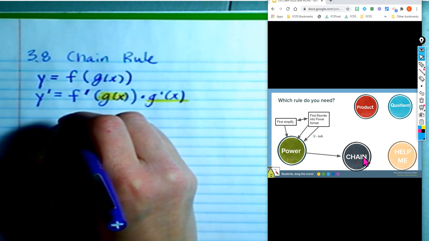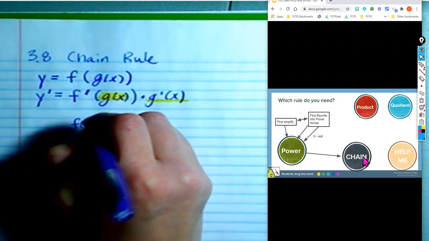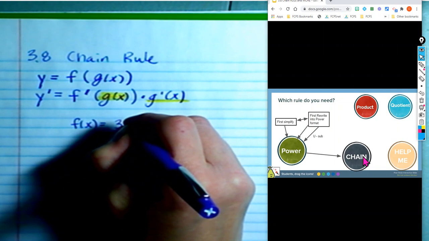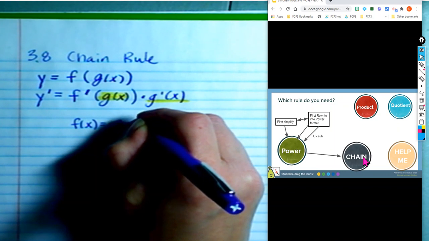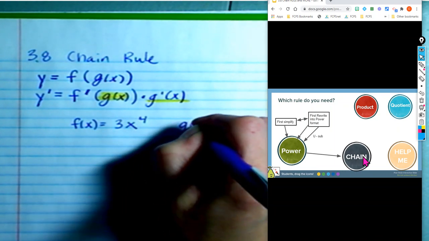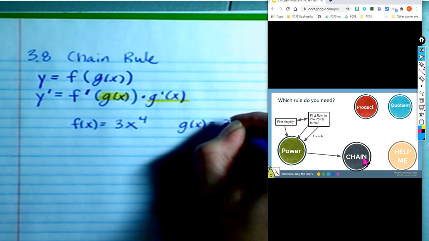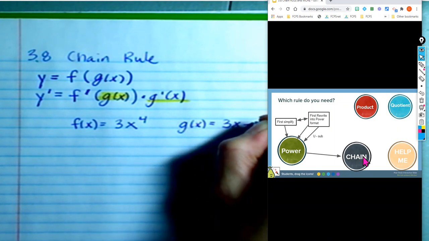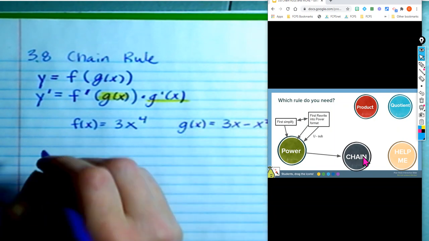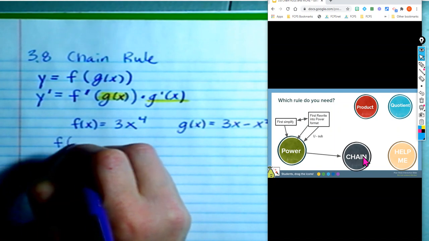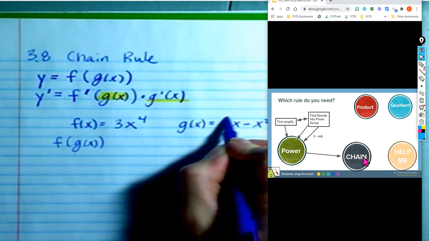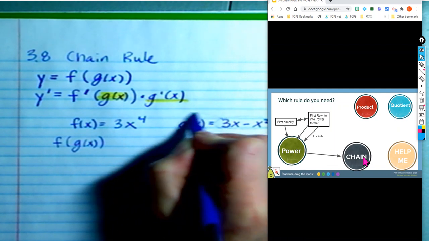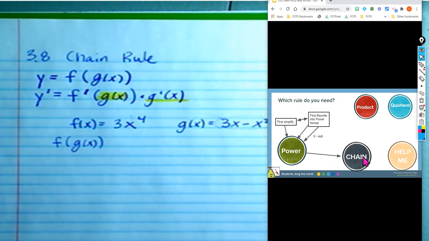Okay, so for example, you could say f of x equals 3x to the fourth, and we can say g of x equals 3x minus x squared. And then the composition is where you substitute.